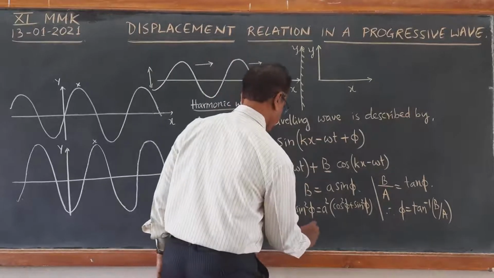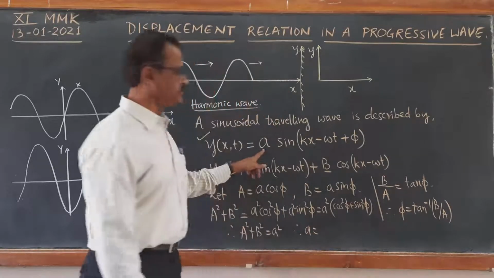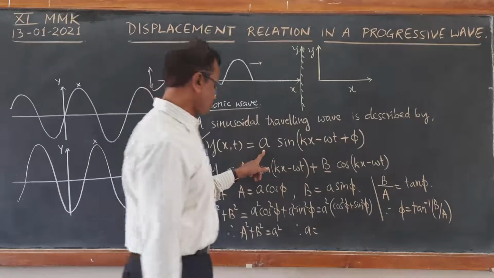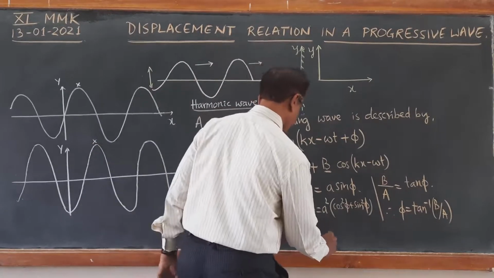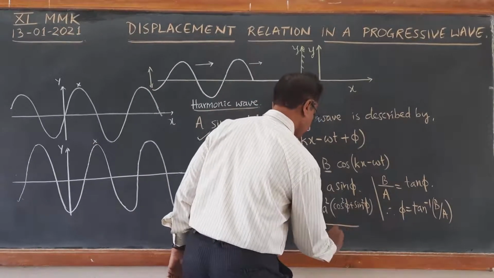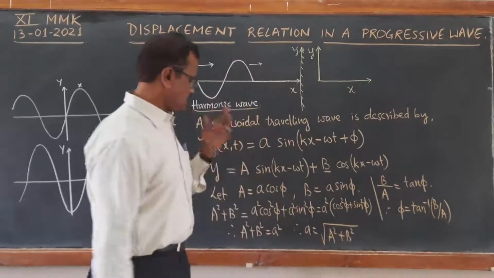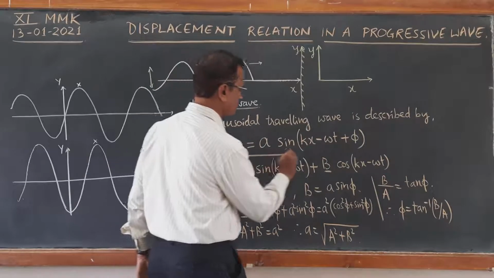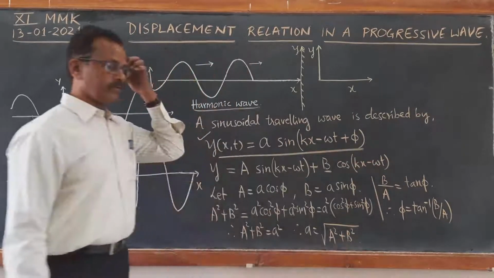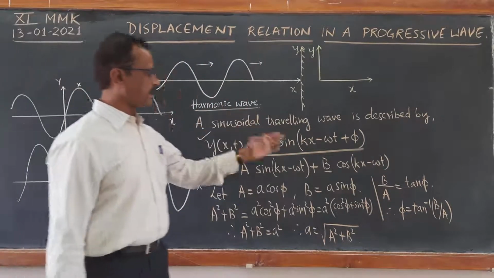Therefore, small a, which is representing the amplitude of the progressive wave, becomes equal to square root of capital A square plus b square. Thus, we get the equation for a progressive wave traveling along x-axis.